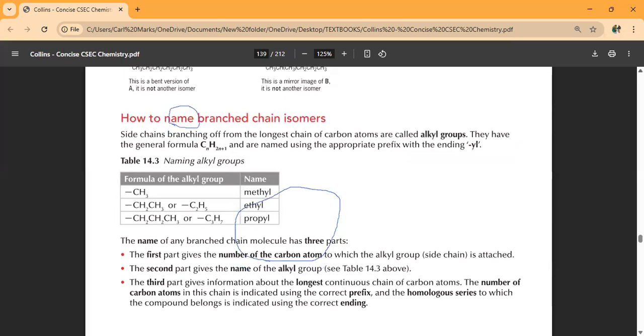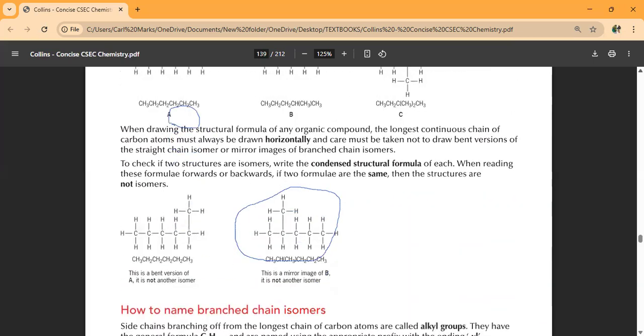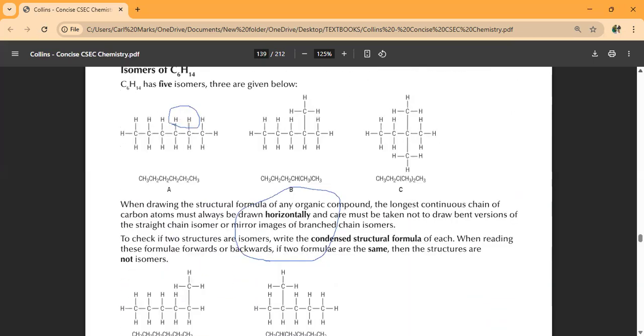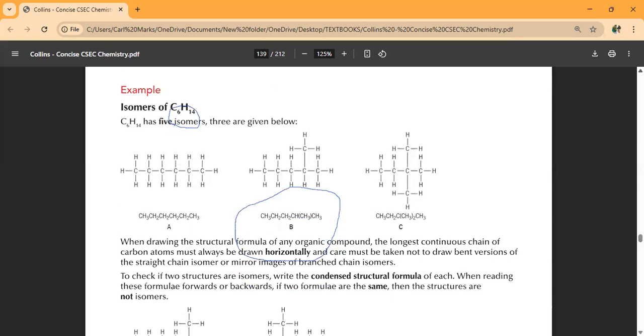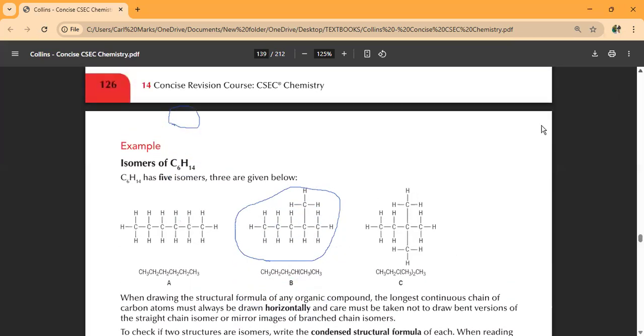So what's the first part? You want the number of the carbon on which the alkyl group is on. And we have to take the lowest number. So we have to number these carbons. So we start numbering the end at which you find the branch, the alkyl group.